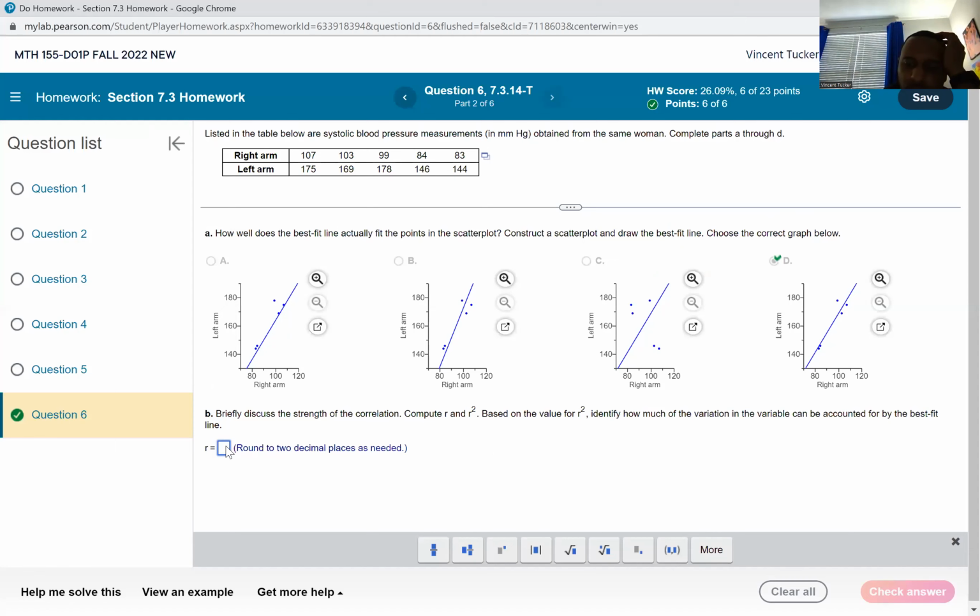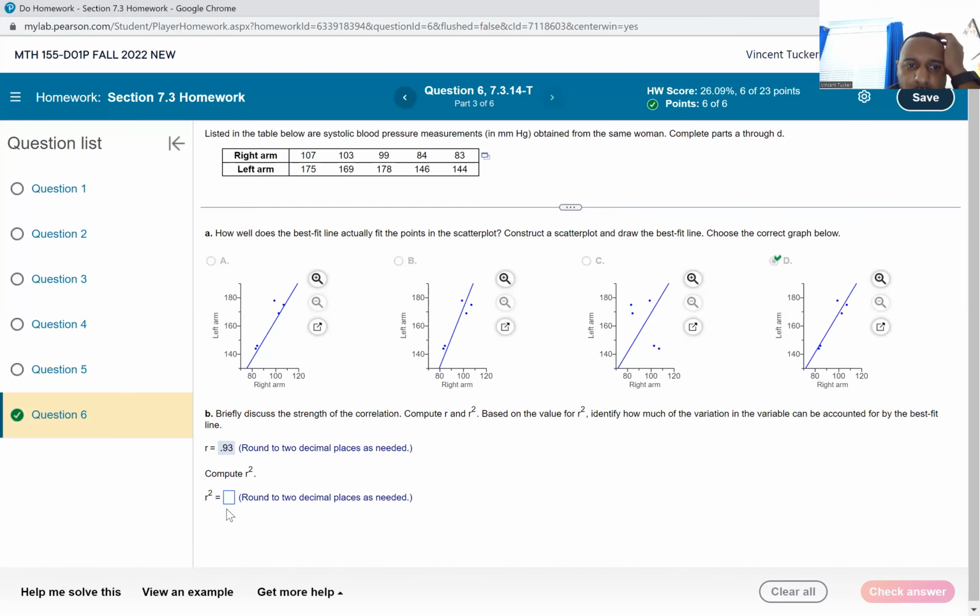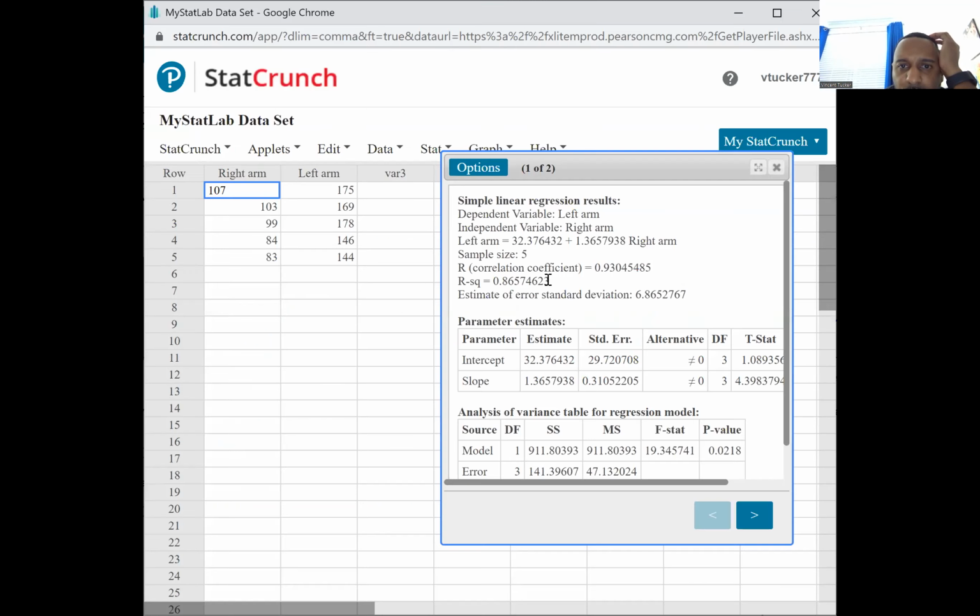They only want 2, so it's 0.93. All right. Then R squared, you go back. It should be this one right here. And I believe they only want 2 decimal places as well, so it's 0.87. So let's confirm.